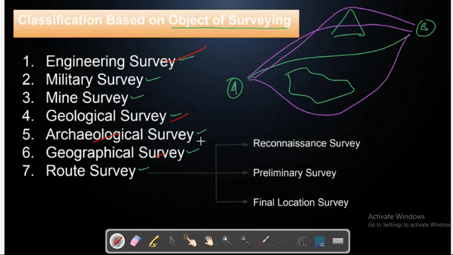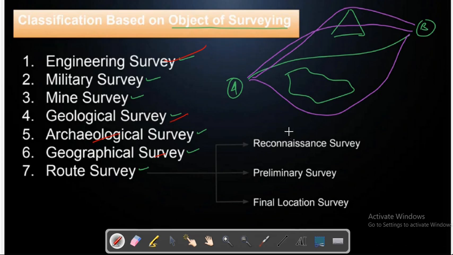And road survey. Actually, in surveying mainly we have three steps. The first one is reconnaissance survey. In reconnaissance survey, first we go to the site physically and make apparent observations, seeing where the mountains, hills and plain areas are.